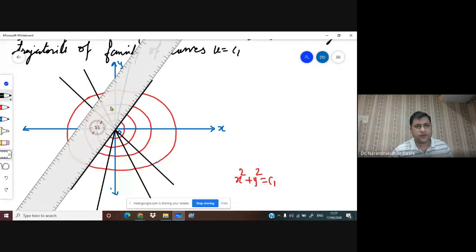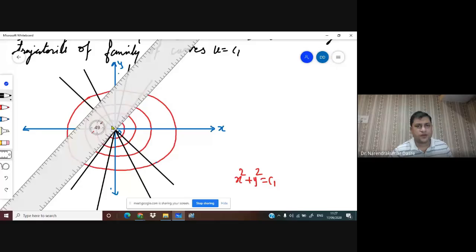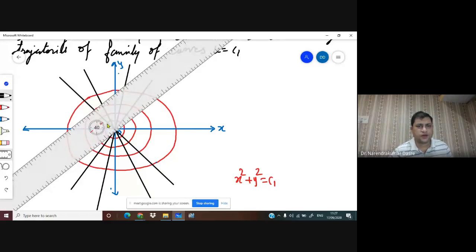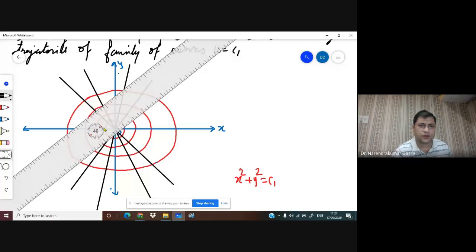So we can see this is another family that I'm drawing here.